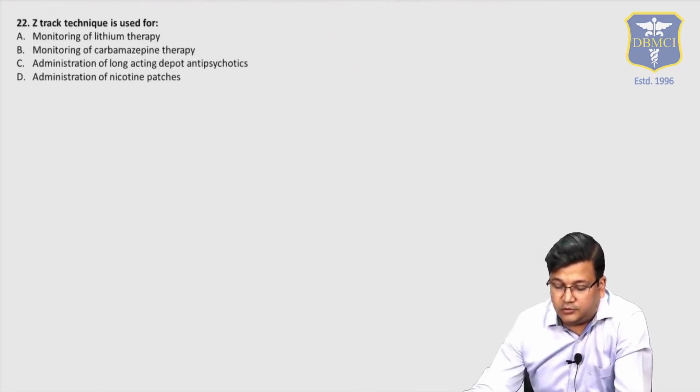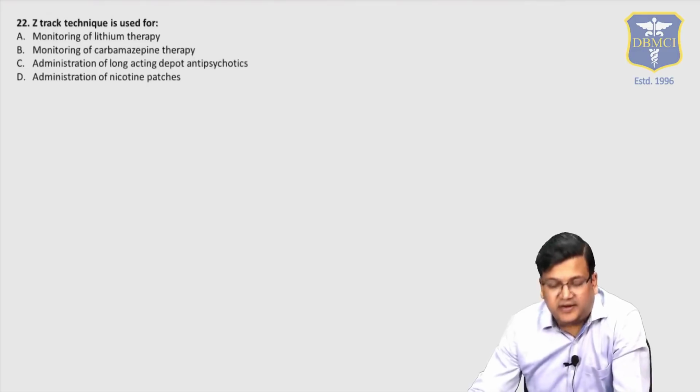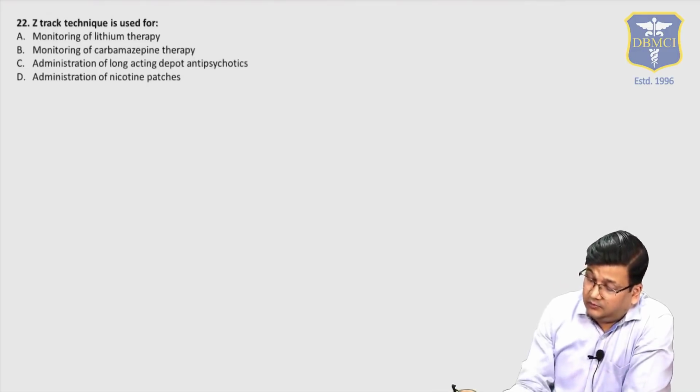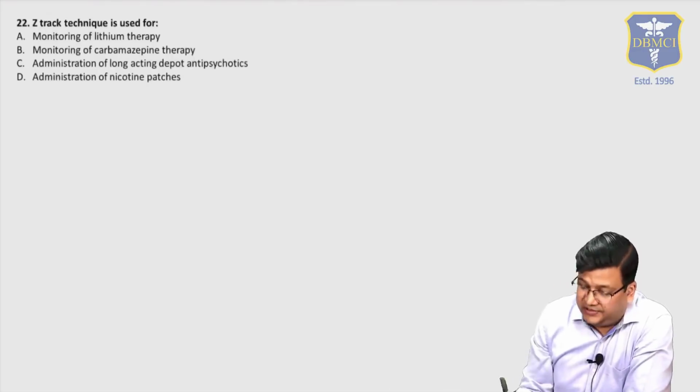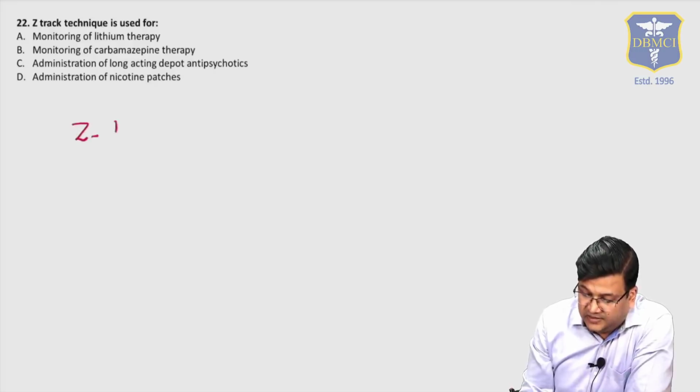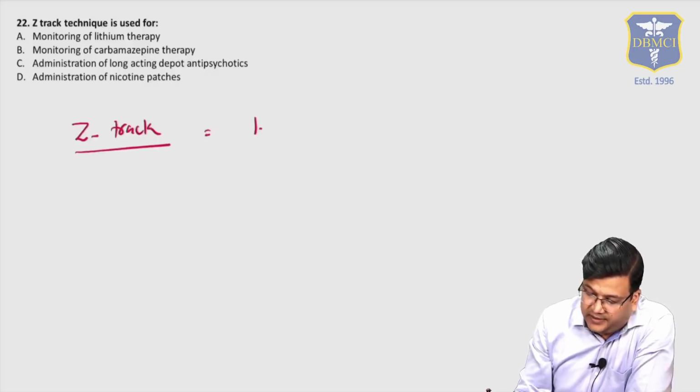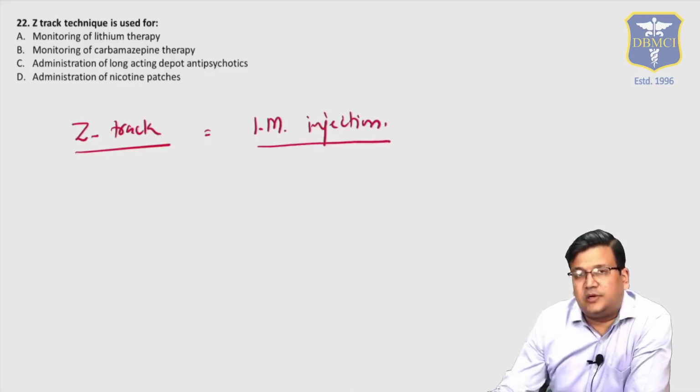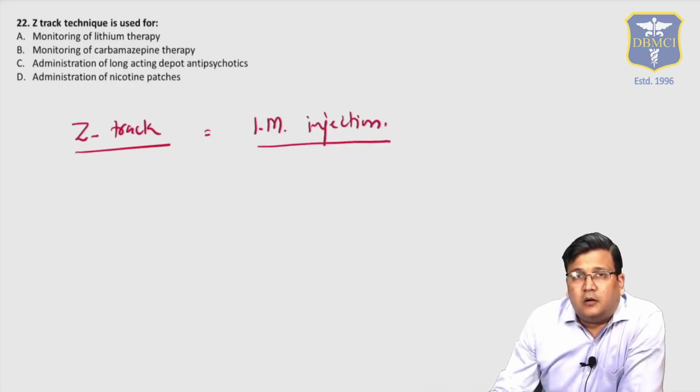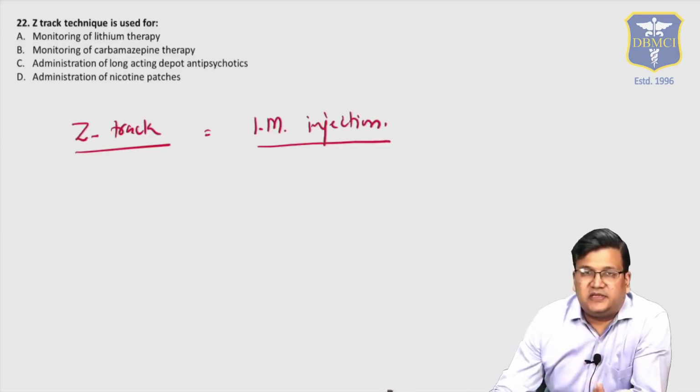We come to question number 22, Z-track technique. This is a pretty standard question. Z-track is a type of intramuscular injection technique. What we do in Z-track is very simple to understand.